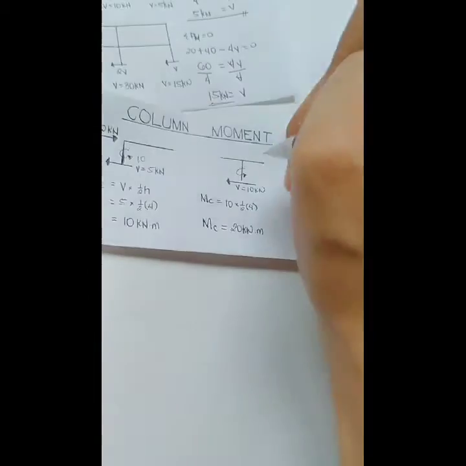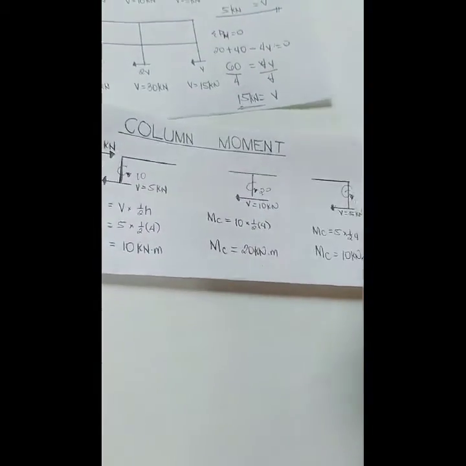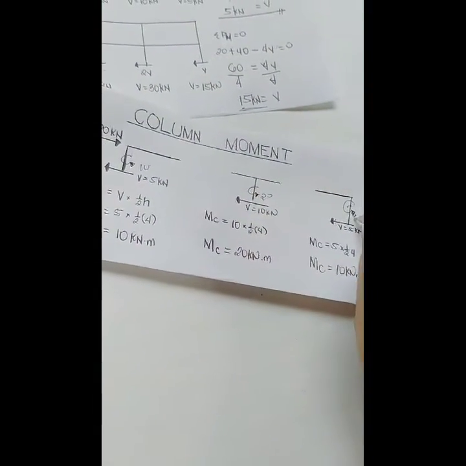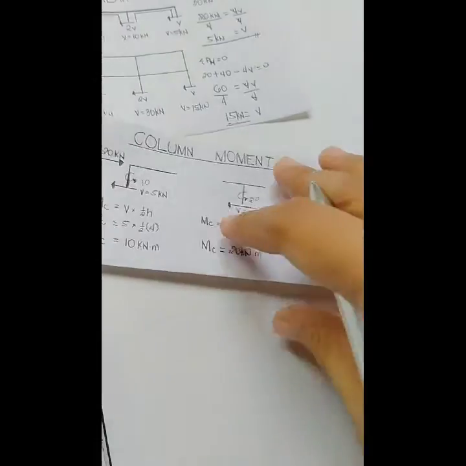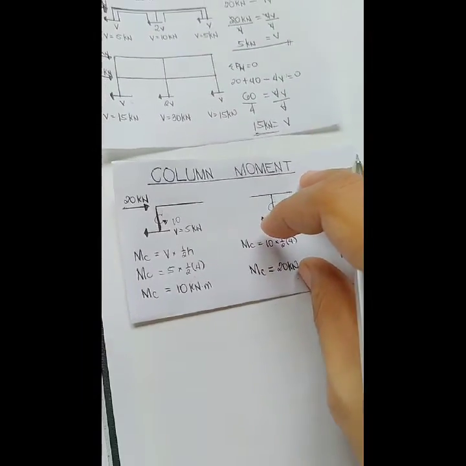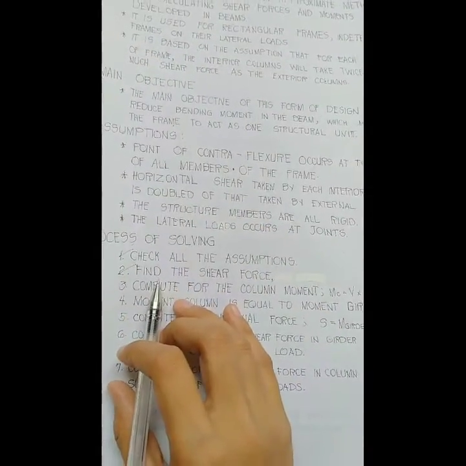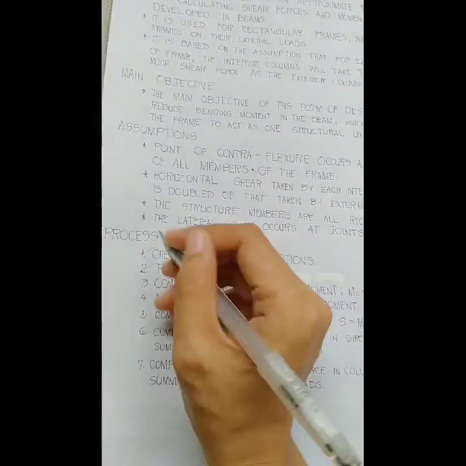Dito ay 10, 20, and 10. So, yan. Yun ang nakuha natin na value ng mga column moment. And then, yon. Nakuha natin ang column moment.